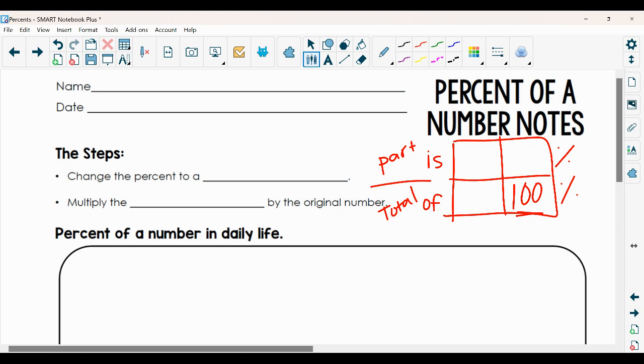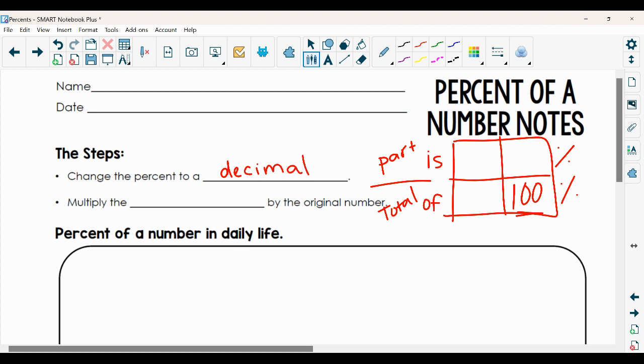Another way, because y'all like different strategies, if you're finding the percent of a number, so if you're starting with the total, and you have the percent, you want to figure out what part that is. If we were trying to figure out the part, you can follow these steps right here. The first part would be to change the percent to a decimal.